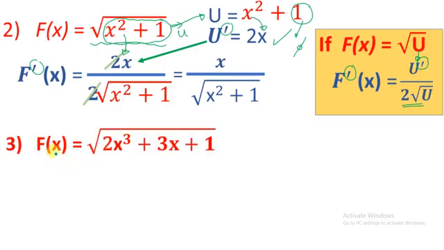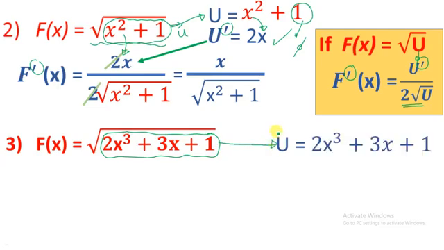Example 3. We have f of x equals radical 2x cubed plus 3x plus 1. Then we will suppose that this quantity under the radical is u. So u equals 2x cubed plus 3x plus 1. The second step is to make the derivative for this u. We call it u prime and we will get: what is the derivative of 2x cubed? It is 6x squared, plus what is the derivative of 3x?